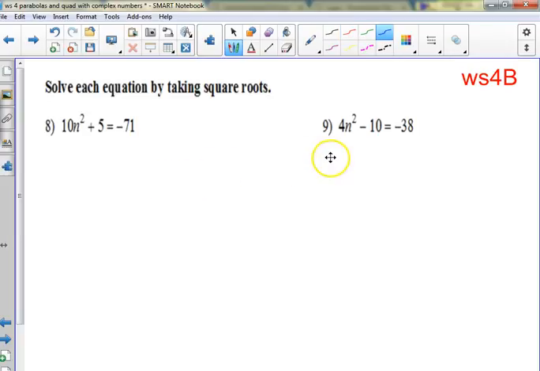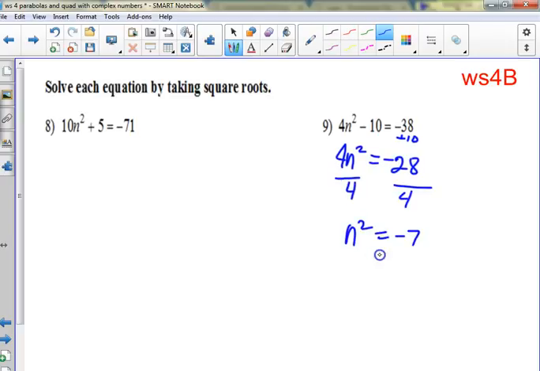Now, I'm going to start with 9. 9 comes out pretty nice. What do we do first? Add 10, which is negative 28, and then we do what? Divide, we get n squared is negative 7.